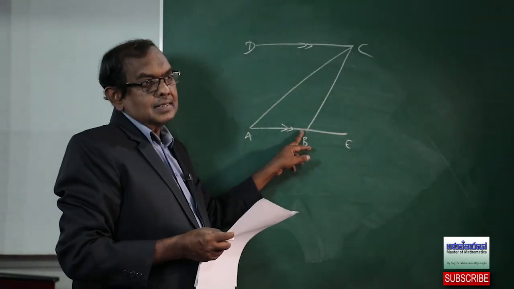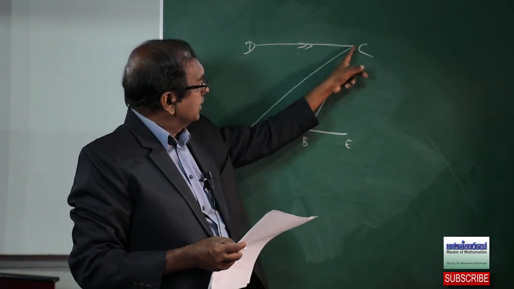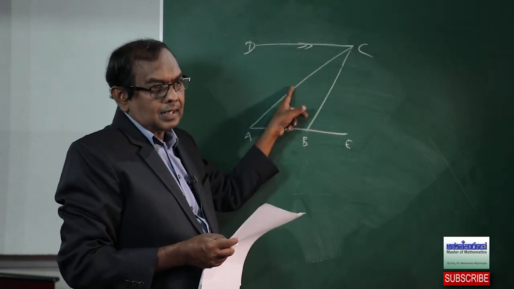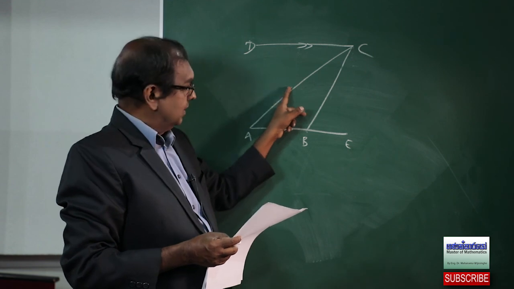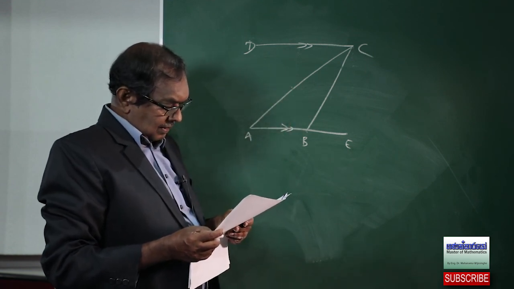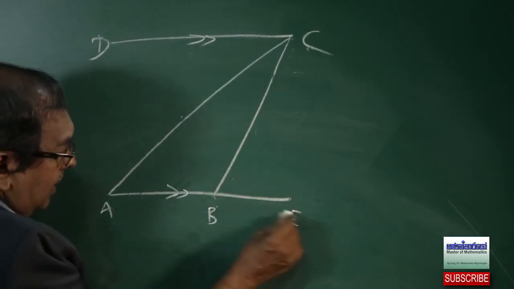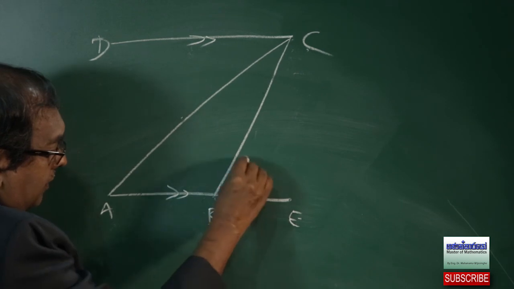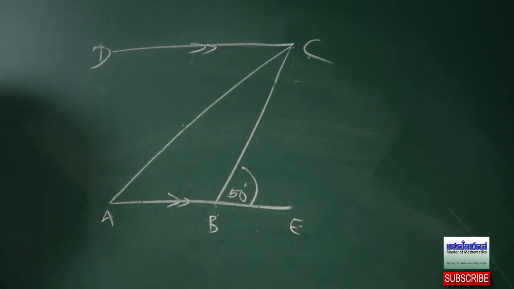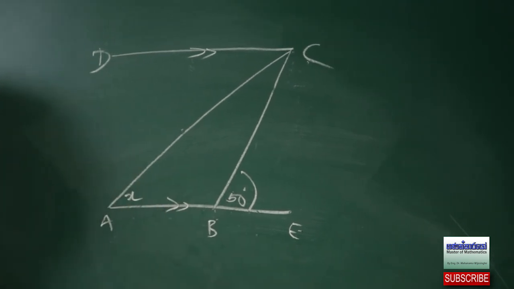What is the meaning of bisector? Bisector means this angle is divided into two equal parts by the bisector. And again it is mentioned that CBE equals 50. Find the value of x. X is here.